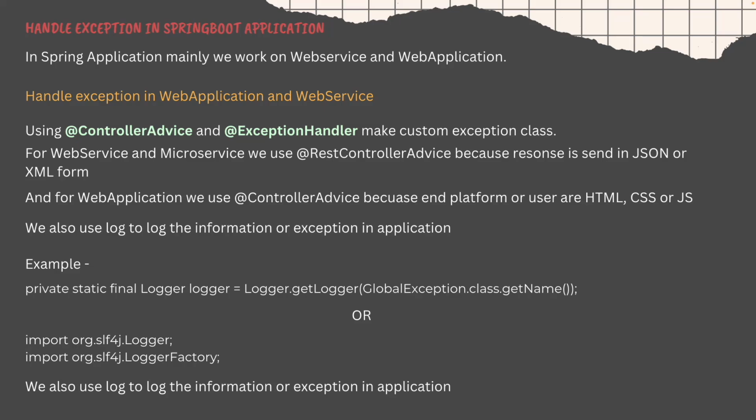For web services and microservices we use the same annotation, and if you're working with a web application where the end output is HTML, CSS, JavaScript, not a RESTful API, then we use a different annotation. The main annotations used for exception handling in Spring Boot are ControllerAdvice and ExceptionHandler.